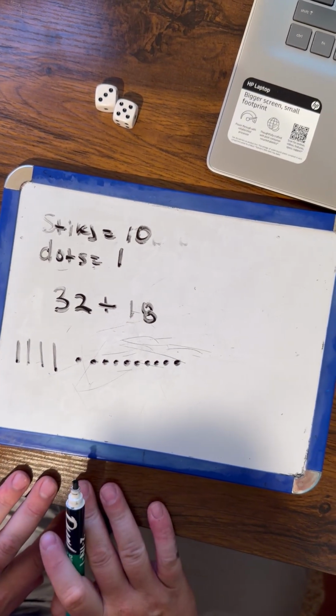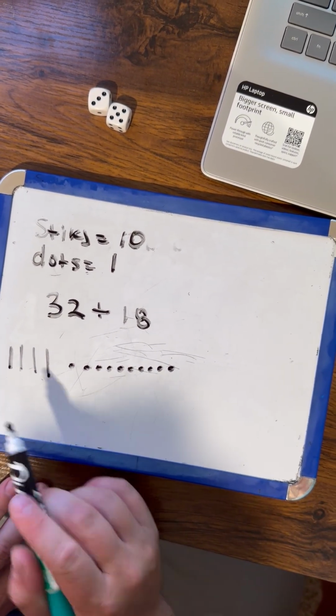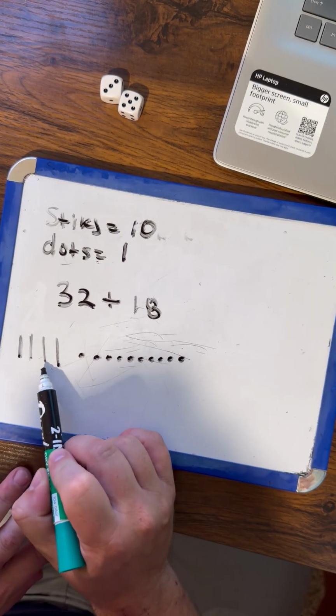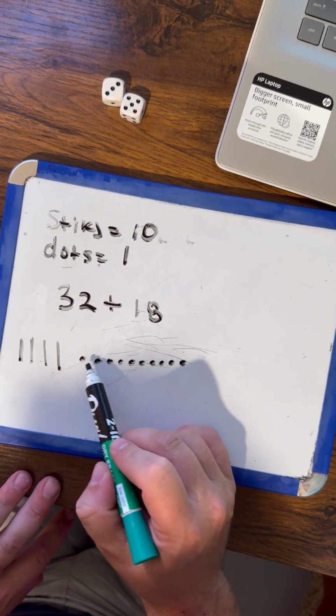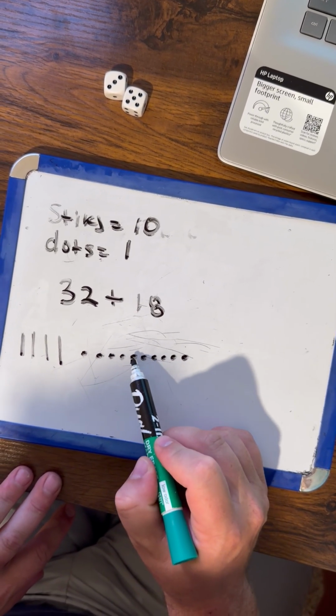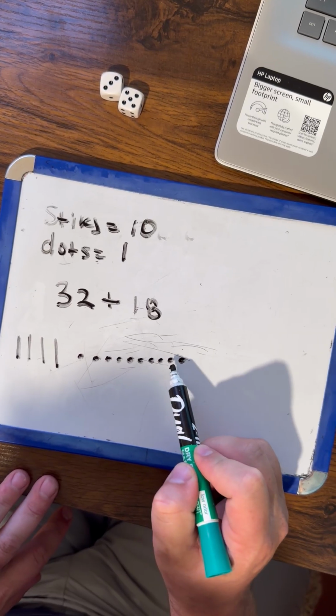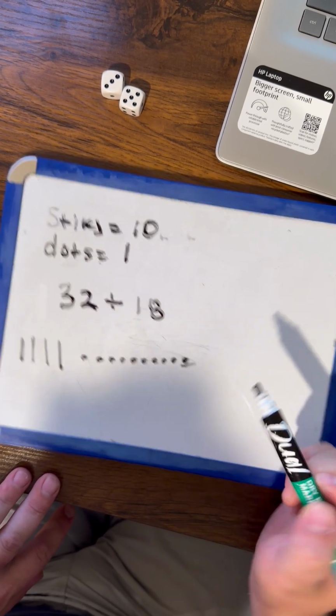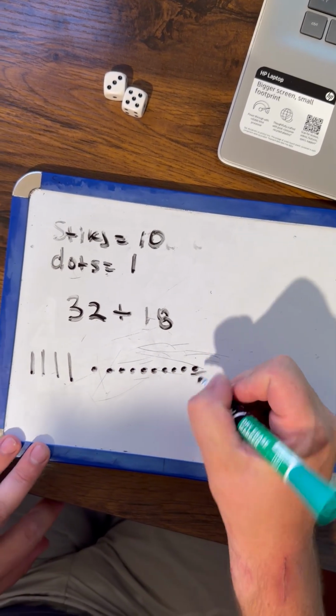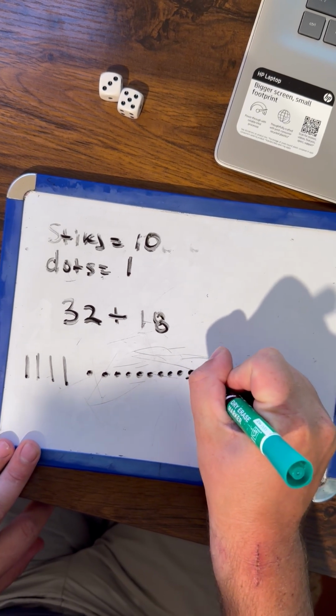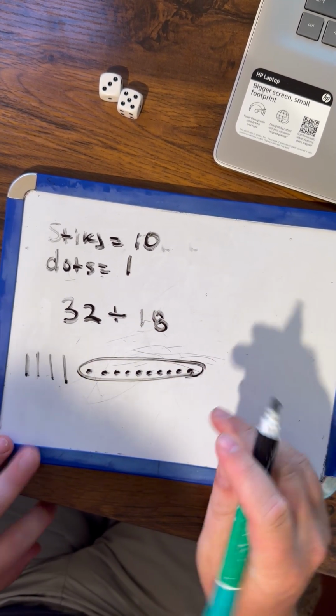But here we are now. When we count this up, we have 10, 20, 30, 40, 41, 42, 43, 44, 45, 46, 47, 48, 49. But there's nowhere for this last one to go, which means when we have 10 ones, we're going to circle these together.